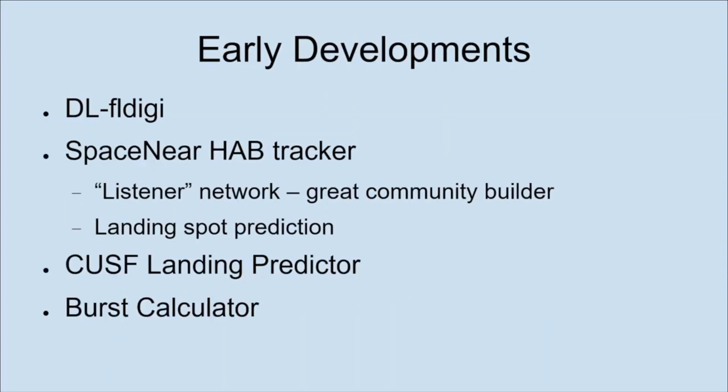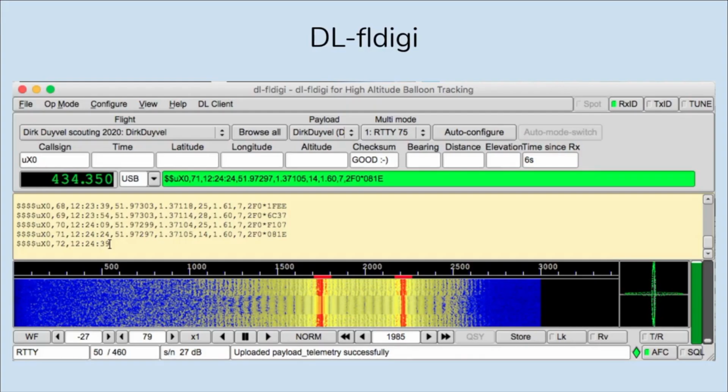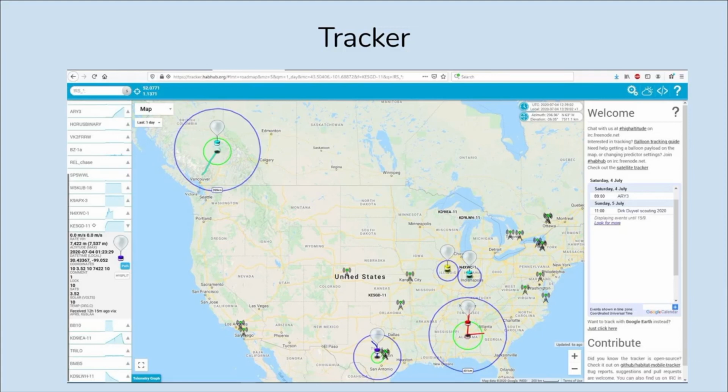Early developments. Leading on from that, we needed a way of receiving those signals and decoding them, and developed a version of FLDigi, which we call DLFLDigi, which stands for Distributed Listener FLDigi. That's what we use to receive the signals, decode them, and upload them to the Near Space Tracker. That was an early development too.